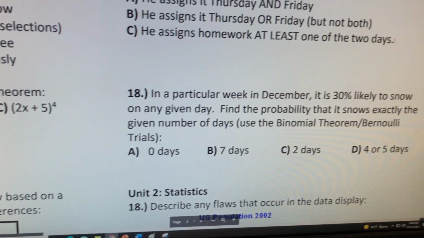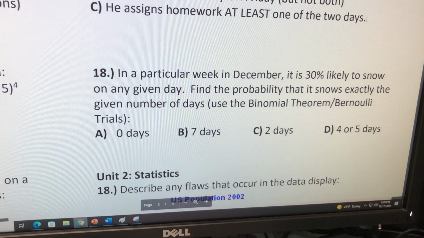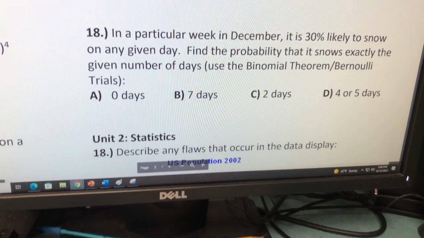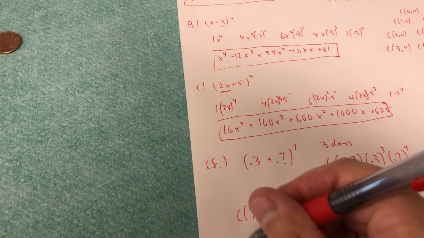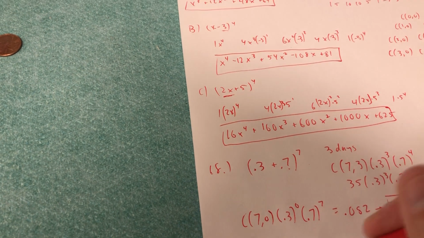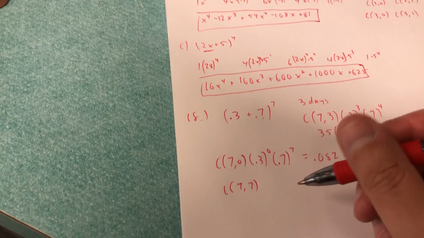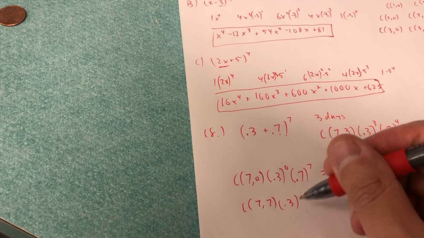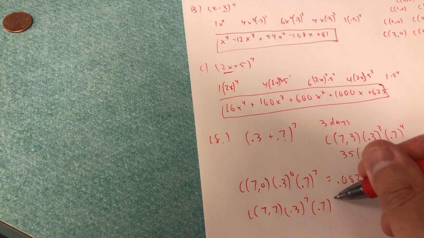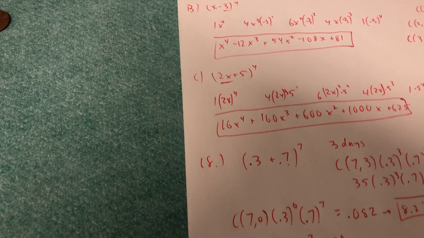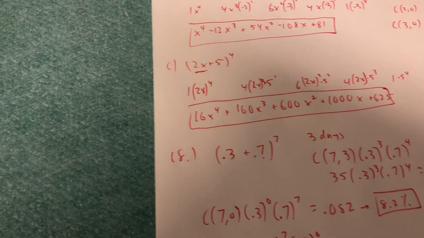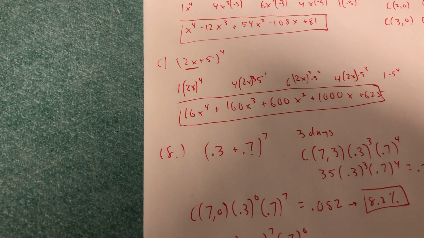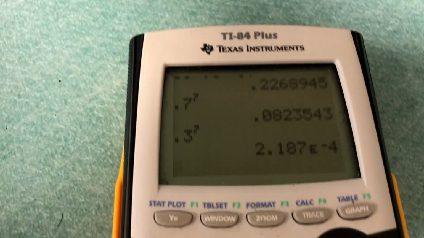If it snows exactly 7 days, that would be the first and the second and the third and the fourth and the fifth and so on. You really don't need Bernoulli trials, but you could do 7 choose 7. You want it to snow 7 of the days, and you want it to not snow 0 of the days. And if you work all that out, it ends up being the same thing as 0.3 to the 7th. My calculator is going to give me scientific notation.